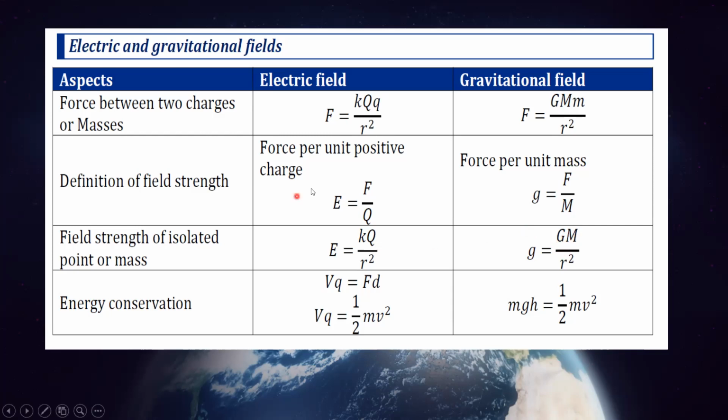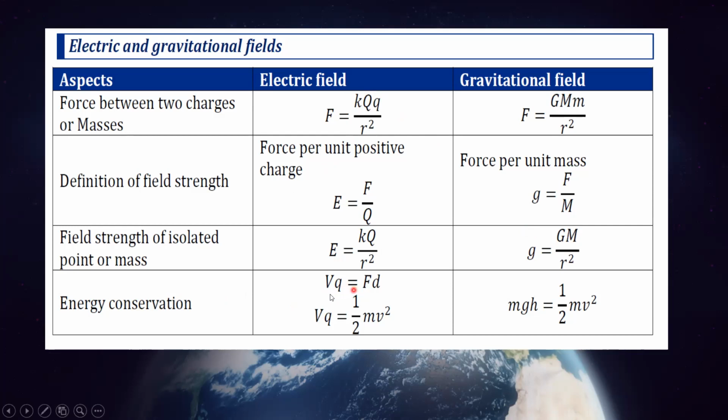So they have similarity. You can see the constant for the electric field is k, whereas the constant for the gravitational field is G. The origin of the electric field is charge, and the origin of the gravitational field is mass. And there is always energy conservation.